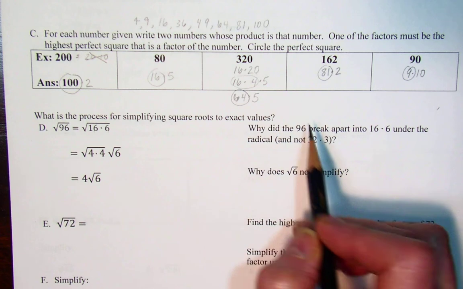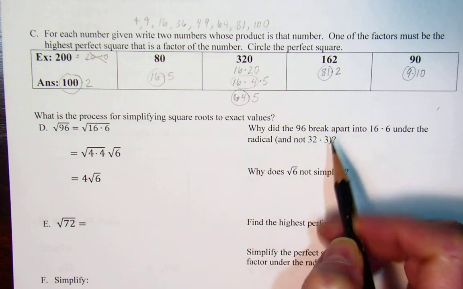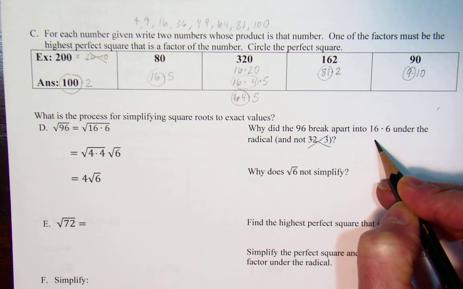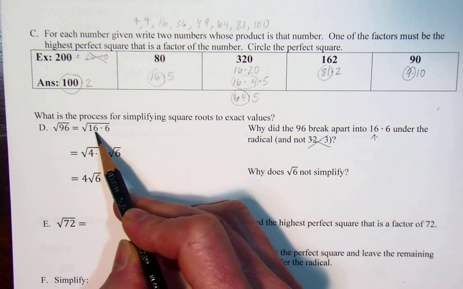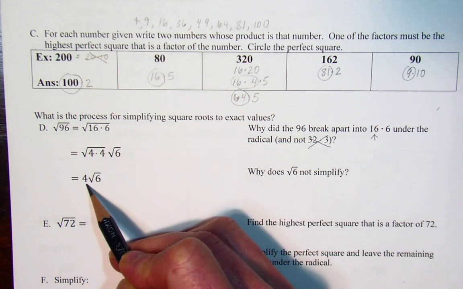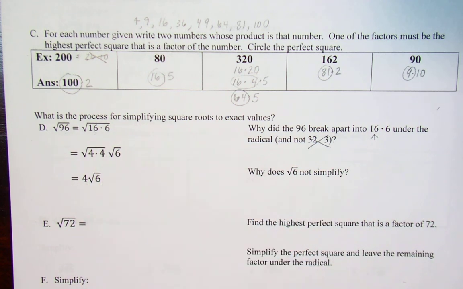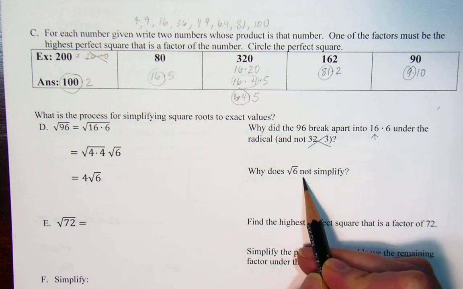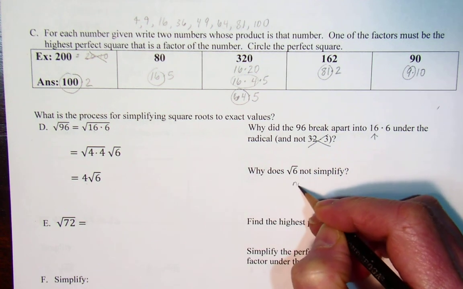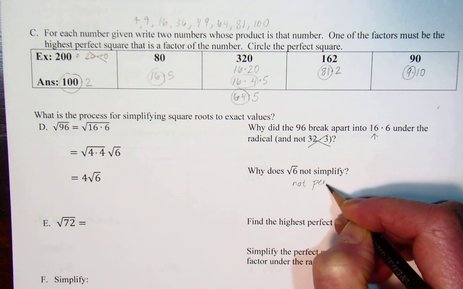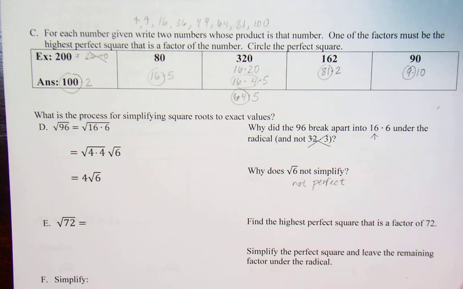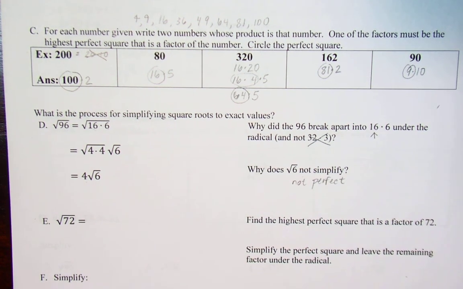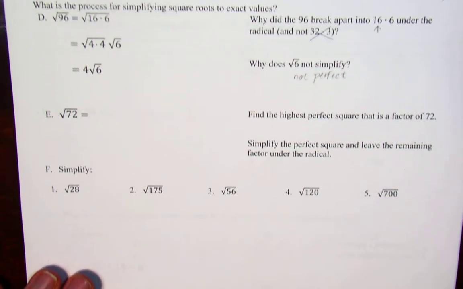No. Is 3 on that list? No. Neither of these are perfect squares, but 16 is. And 16 can be square rooted to 4 because it's 4 times 4. The root 6 doesn't simplify because it is not perfect. Only numbers that are perfect squares can simplify to a number outside the radical.